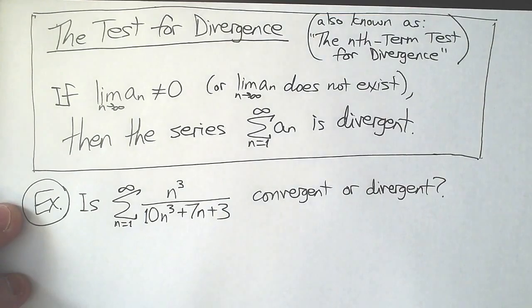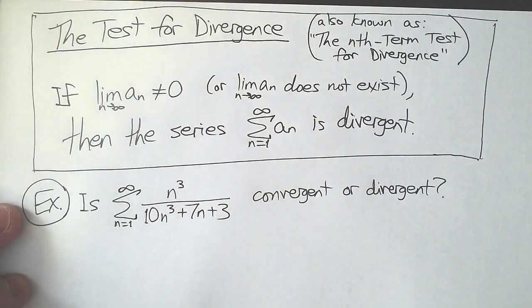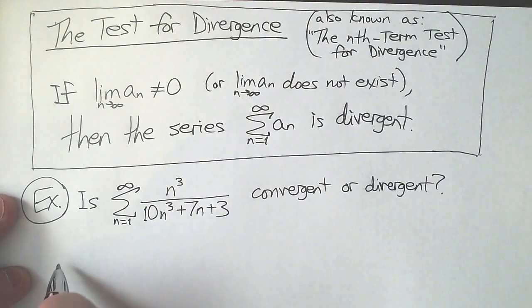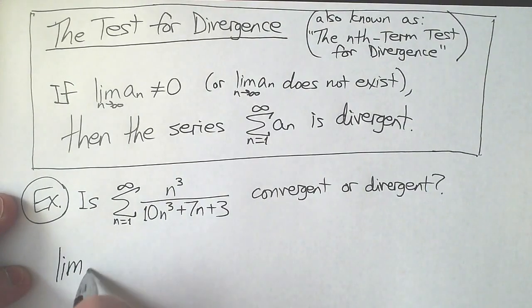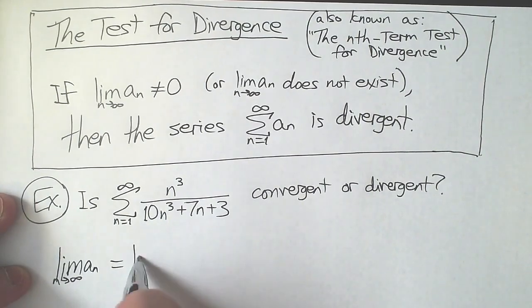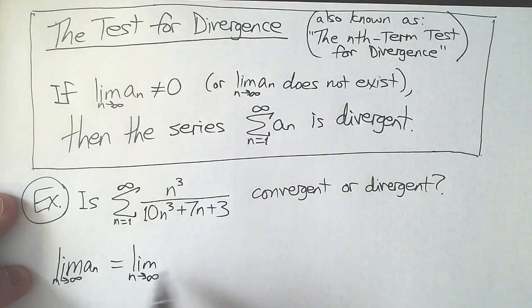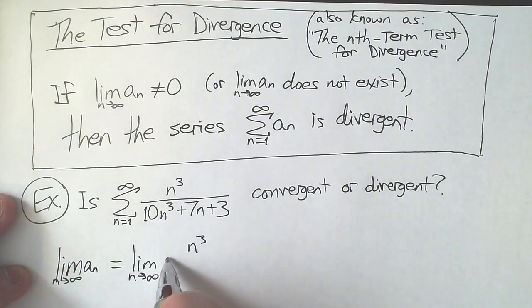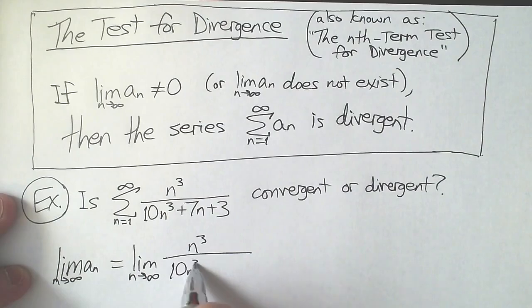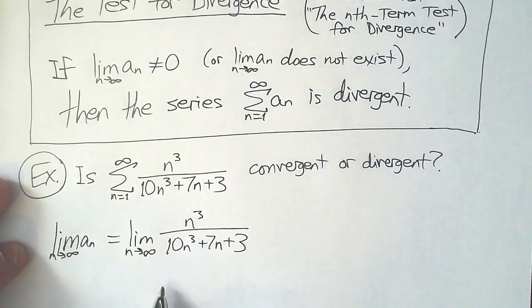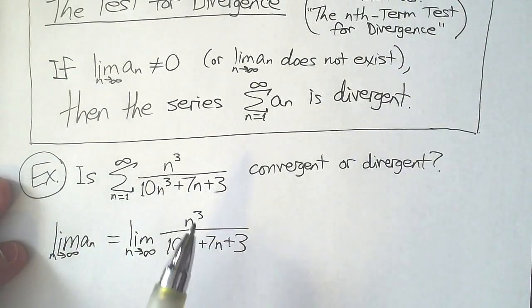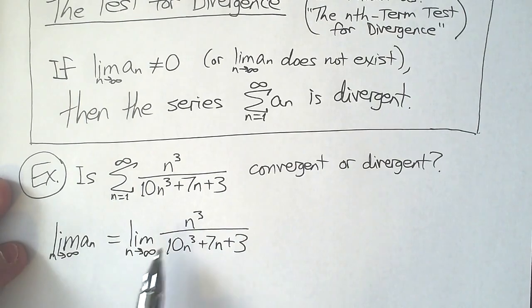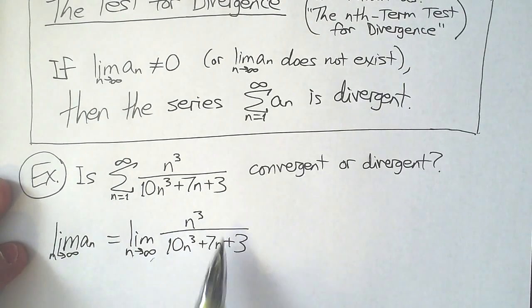Well, I just said the test for divergence, so I'm going to use it. Let's check the limit of an, where an would be the nth term, n cubed over 10n cubed plus 7n plus 3. We've seen limits like this before. This is like a polynomial over a polynomial, n going to infinity. The degree is 3 up top and 3 on the bottom.